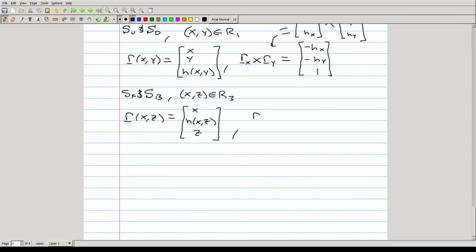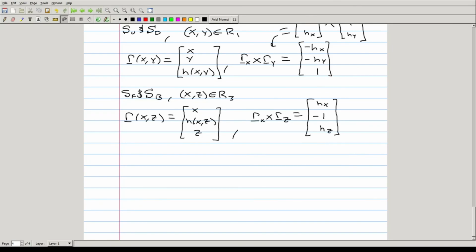When we take the normal vector r_x cross r_z, it ends up being a little bit different because of the structure of this parameterization. I'll get h_x, negative 1, h_z. But remember, we have to choose these normals consistently, which is what we'll be doing when we get to the very end.